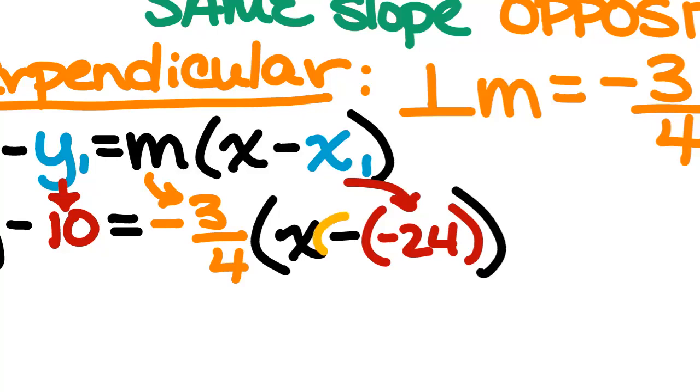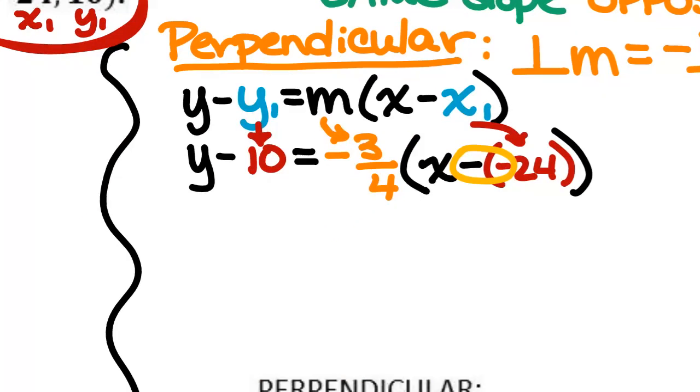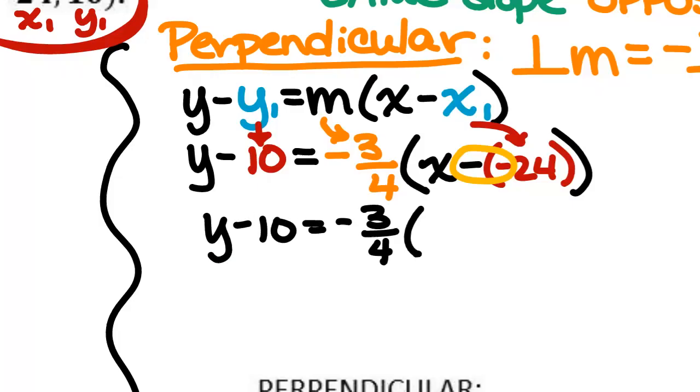And what happens right here? Becomes a positive. So y minus 10 equals negative 3 over 4 parentheses x plus 24.